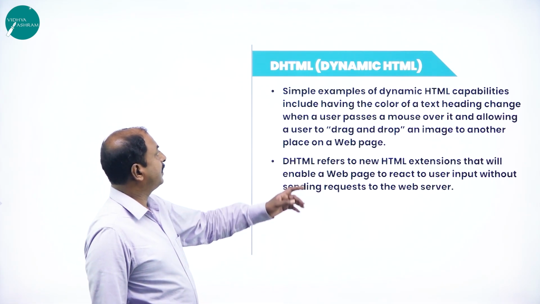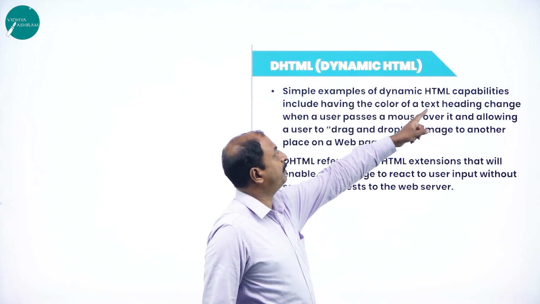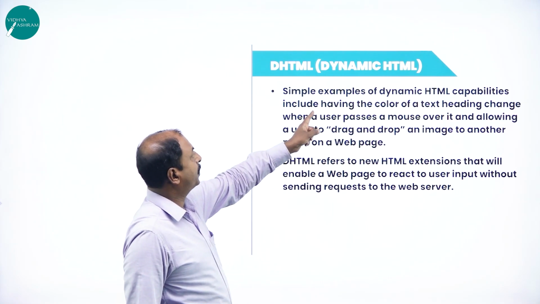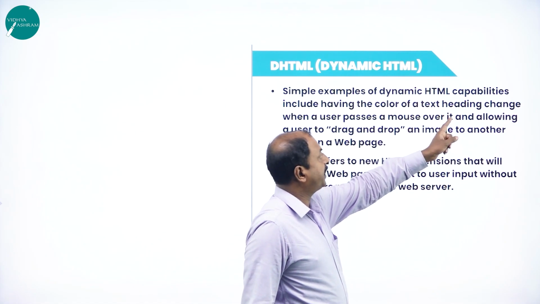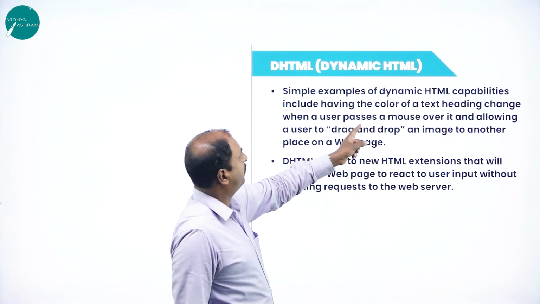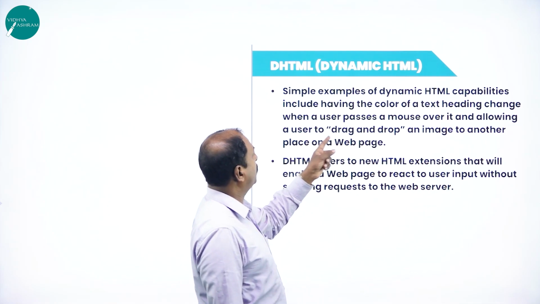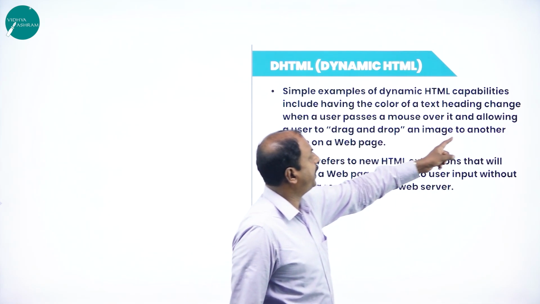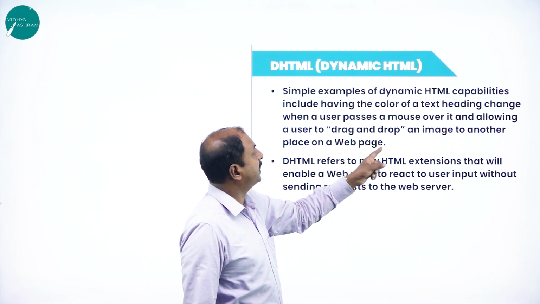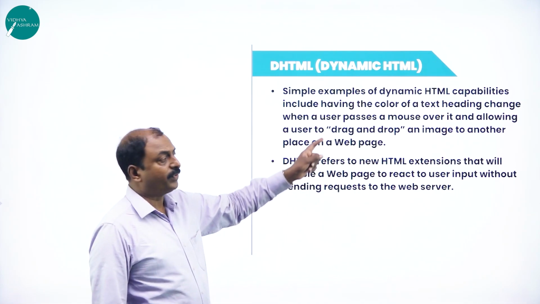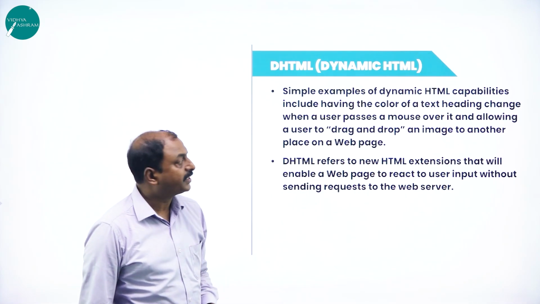Now look at another example. Simple examples of dynamic HTML capabilities include having the color of a text heading change when a user pauses a mouse over it, and allowing a user to drag and drop an image to another place on the same web page. This is what we saw in our previous slide.